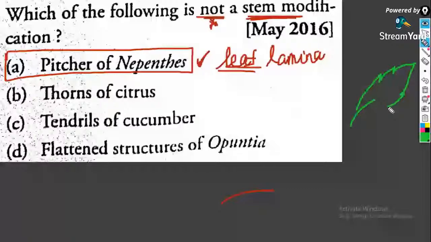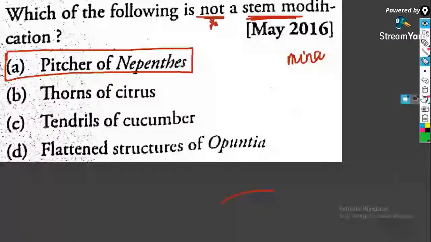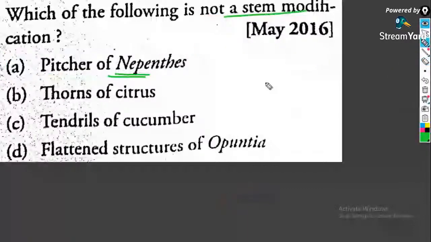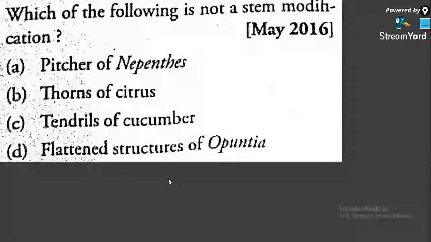So modification of the leaf lamina, this portion, contributes to the pitcher of Nepenthes, and it's not a stem modification. It's never a stem modification, guys. This is an MCQ repeated at least 25 times for your exam. Pitcher of Nepenthes is not a stem modification. It is a leaf modification.